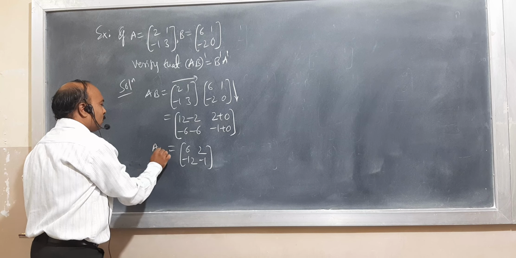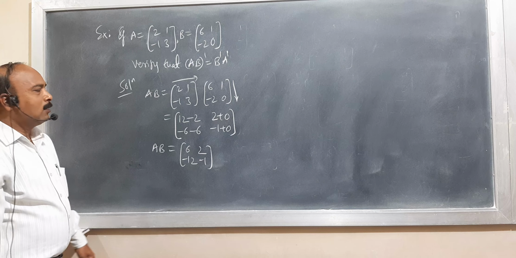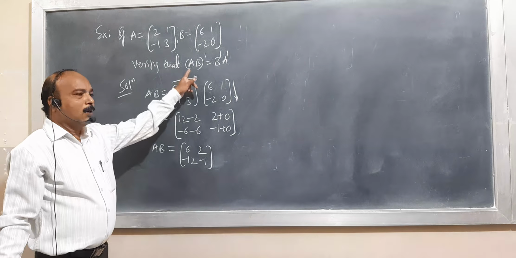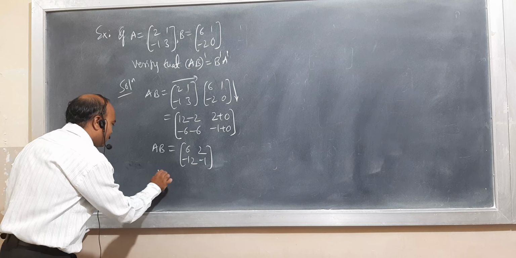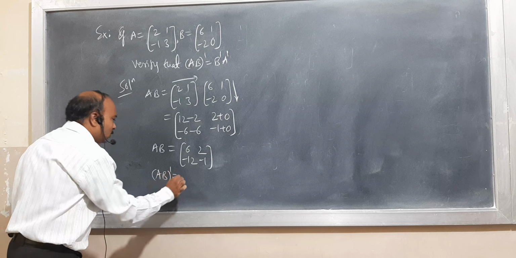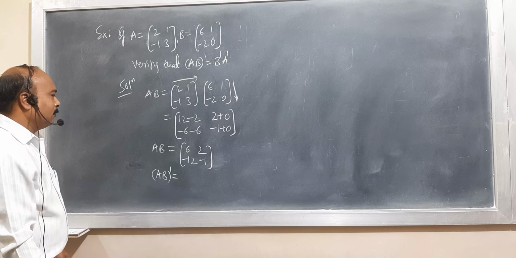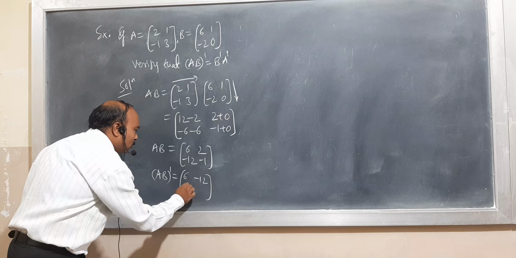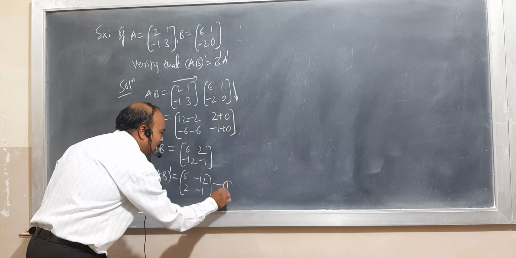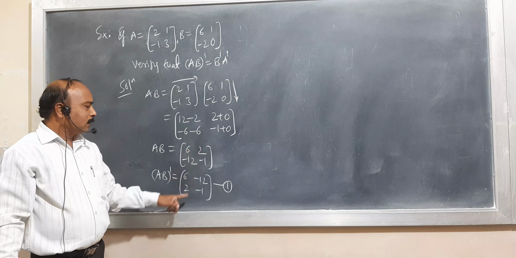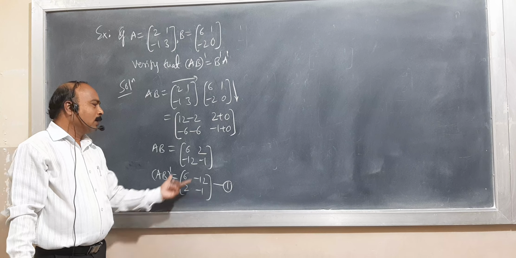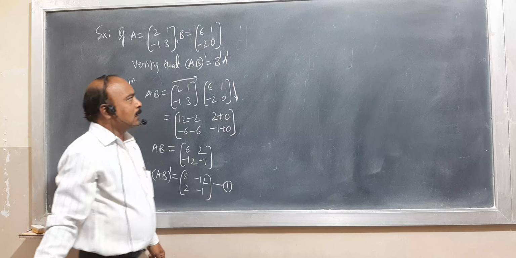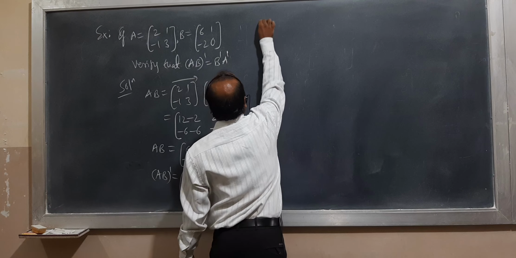It is matrix AB. Then we need (AB) whole dash. For that you make transpose of this. (AB) whole dash means the transpose of this whole AB matrix, that is [10, minus 12, 2, minus 1]. Call this as 1. You change rows into column, column into row for this AB matrix. Next you go for B dash.